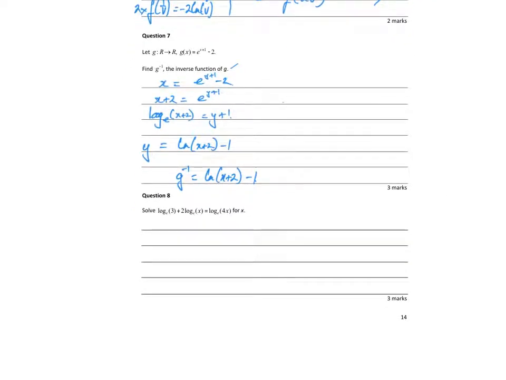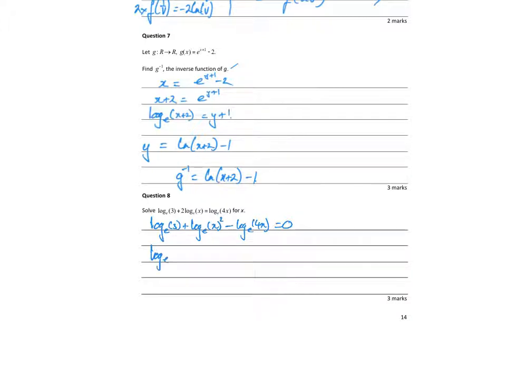Question 8. What have we got? Solve, similar to one we did earlier, isn't it? So the bases are all the same, so we can look to manipulate. So what if we get them all on the one side? Log base e of 3 plus log base e of x squared minus log base e of 4x equals 0.